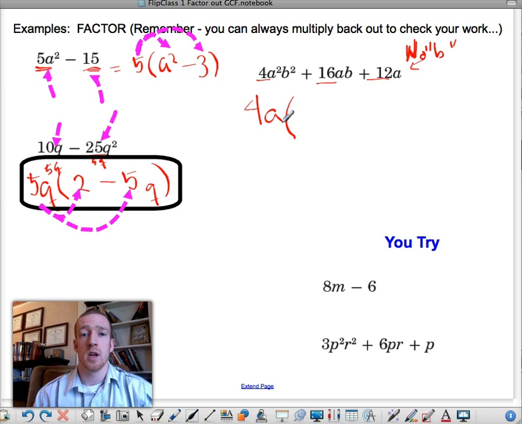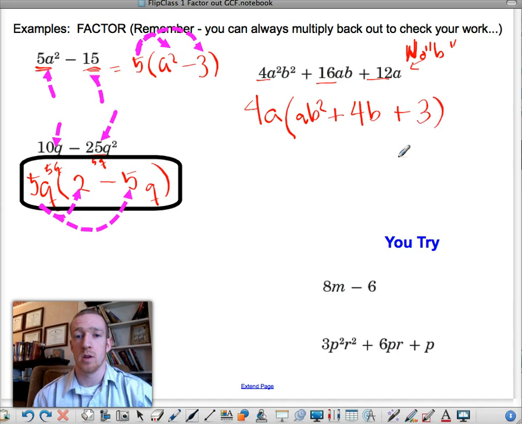So now 4a times what would give me 4a squared b squared? Well, it would have to be ab squared. 16ab divided by 4a, it's the same as thinking 4a times what gives me 16ab, and that would be 4b. And then dividing 12a by 4a gives me a 3.